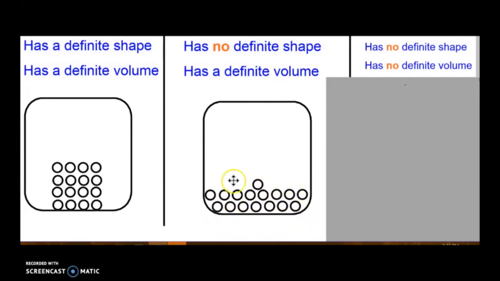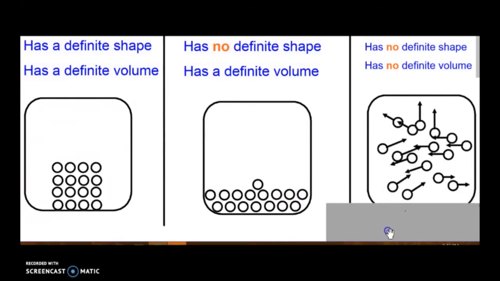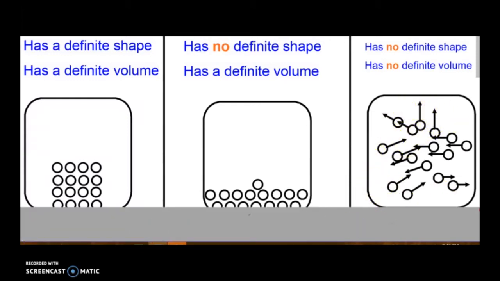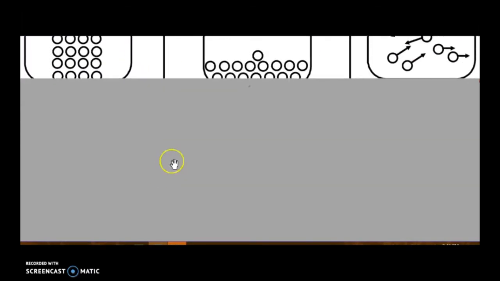Okay, so this is a liquid at the bottom of the container. Gases, on the other hand, are flying, zinging all over the place, bouncing into each other. Okay. I put the arrows here to show that they're moving very quickly. So you might want to pause this to draw this. We're going to move on.